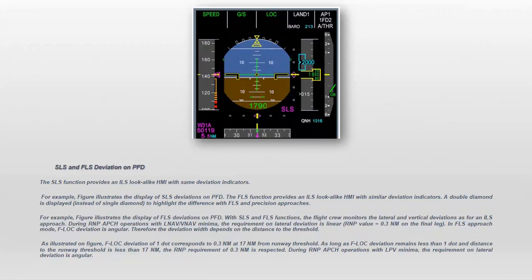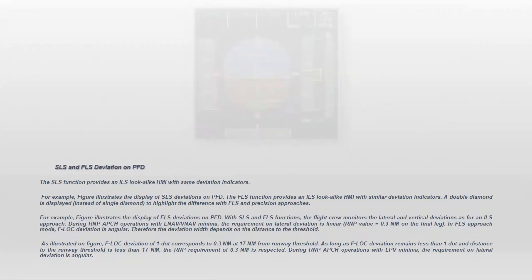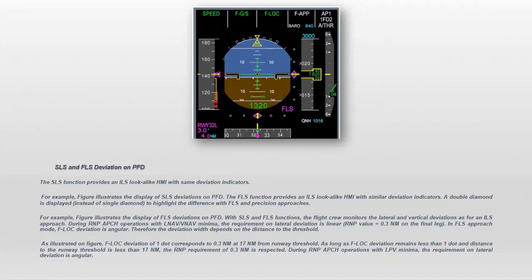A double diamond is displayed, instead of single diamond, to highlight the difference with FLS and precision approaches. For example, figure illustrates the display of FLS deviations on PFD. With SLS and FLS functions, the flight crew monitors the lateral and vertical deviations as for an ILS approach.